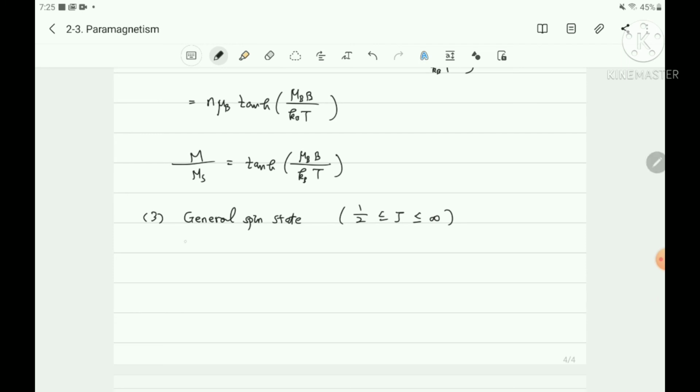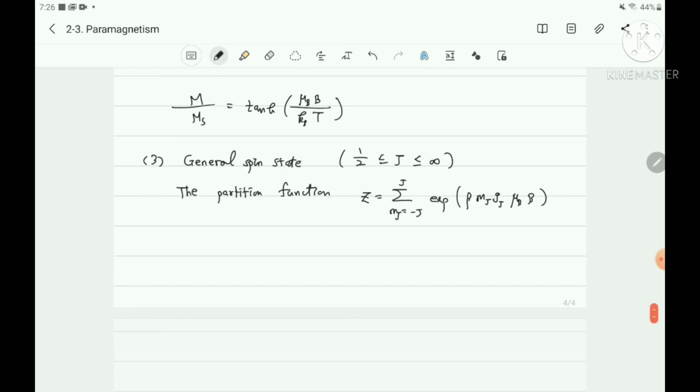In this case, the partition function is the sum over mJ, which can be chosen from minus J to J, of the Boltzmann factor exponential beta mJ gJ mu B B. It is the Boltzmann factor.